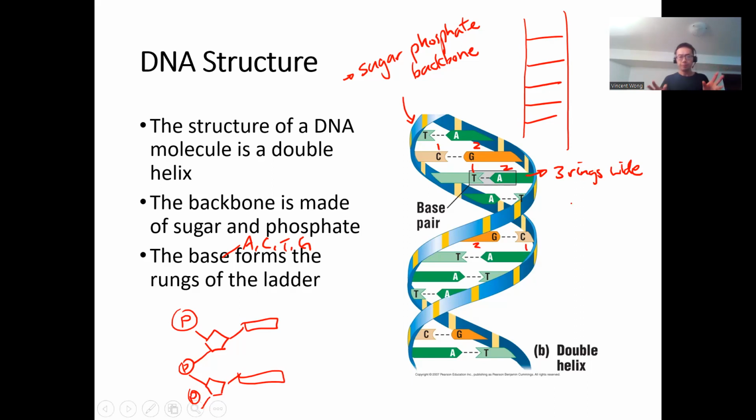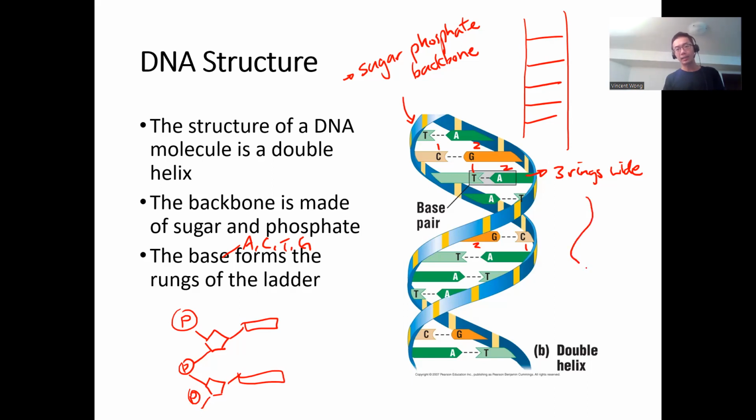So this kind of pairing rule, and this is important, okay? This is the key thing to write down. This ensures the width of the entire ladder is consistent. It ensures the width of the DNA is the same along its entire length, okay?